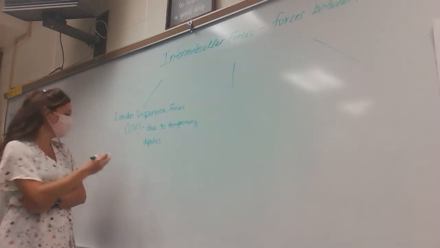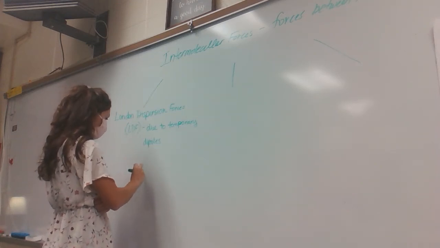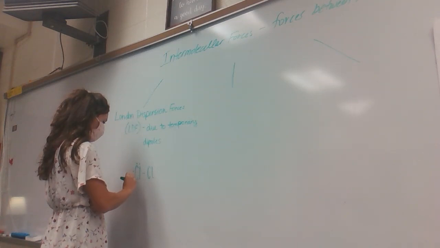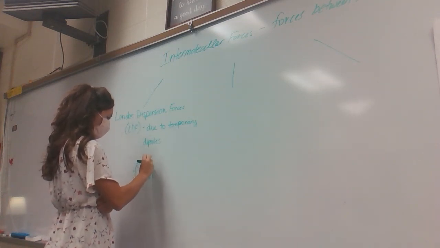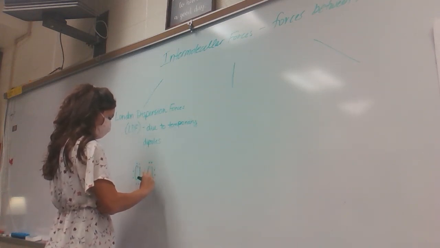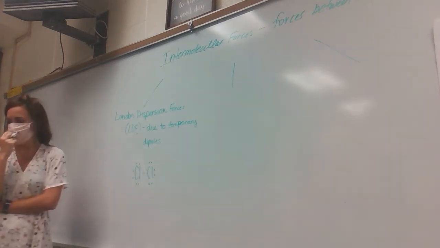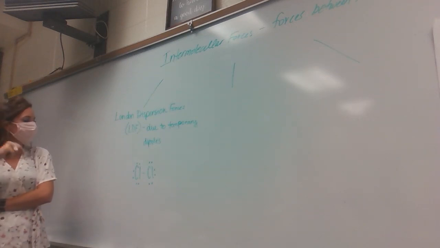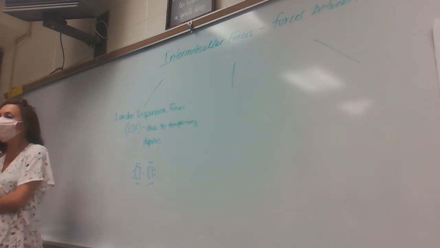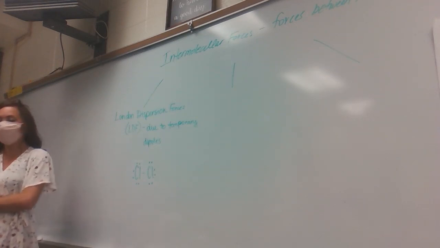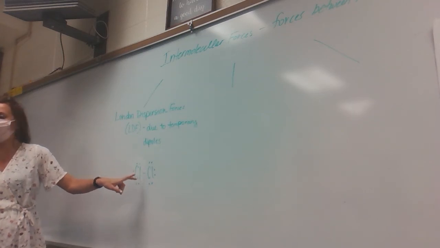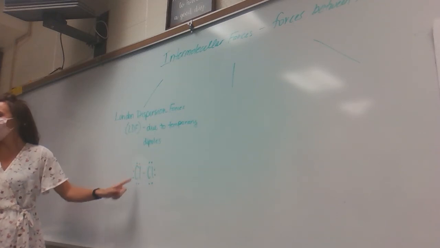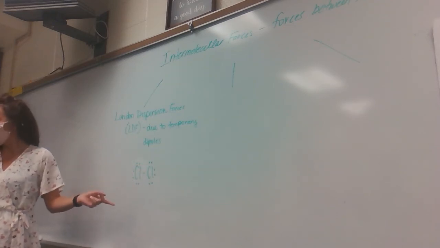If we look at a molecule like diatomic chlorine, it would be considered non-polar because these 2 atoms have the same electronegativity, so neither one of them is going to pull harder on the electrons than the other.